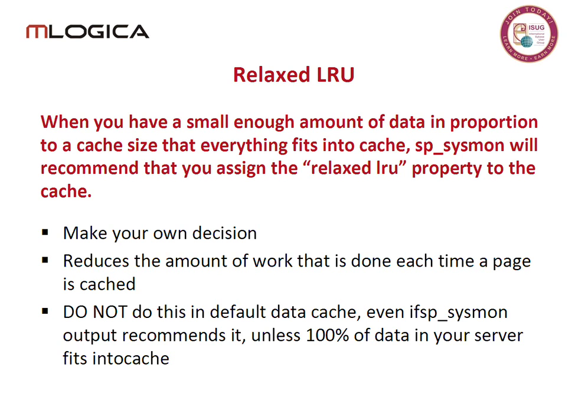When you know that the objects that you're managing are going to fit into cache, do we really need to keep moving the pages around? If I touch something in the middle of the page chain, I need to physically move it back to the beginning. The idea behind the relaxed LRU gives you the ability to avoid moving the pages around when you know that they're going to stay in cache anyway.